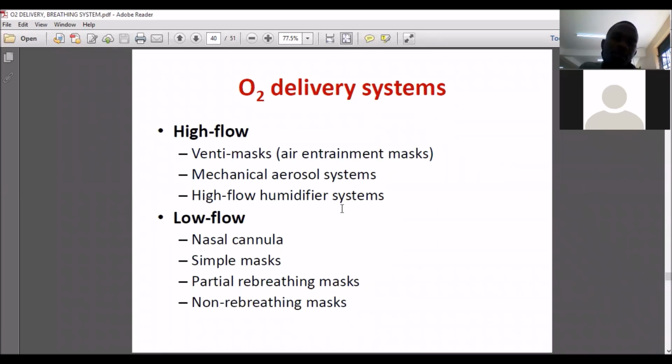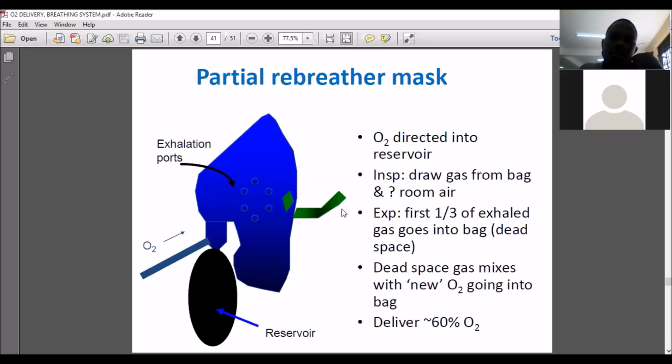Then the low flow, we have the nasal cannula, the simple mask, partially breathing mask, and non-breathing mask. These ones, they are low flow because we are putting in the air mixing with our normal air and it is going in, low flow. Then the high flow, the air is going directly into the lungs, so it becomes a high flow delivery system.